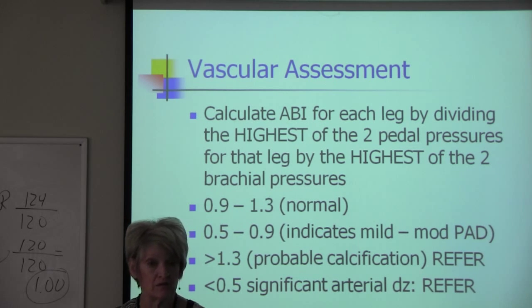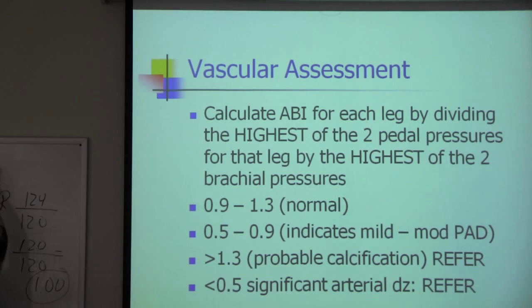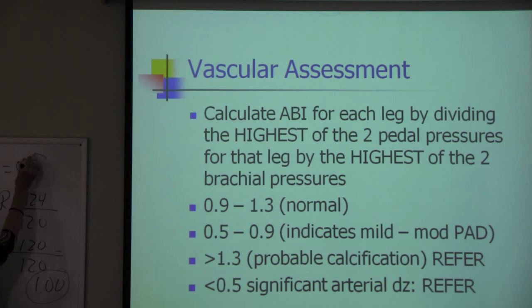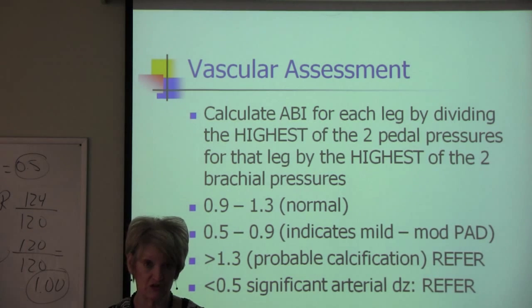It's the comparison. Pressure in the arm, pressure in the leg should be about 1. What if I had a reading where the pressure in my leg was 60 and the pressure in my arm was 120? That would give me a 0.5. I already know that there's a significant problem with perfusion to that leg.